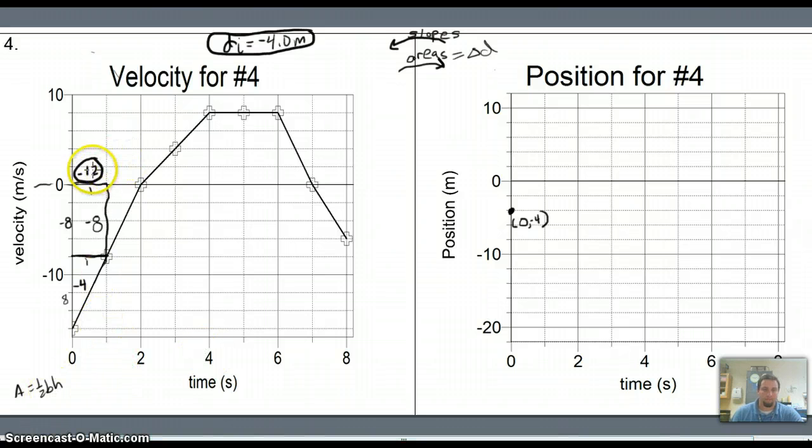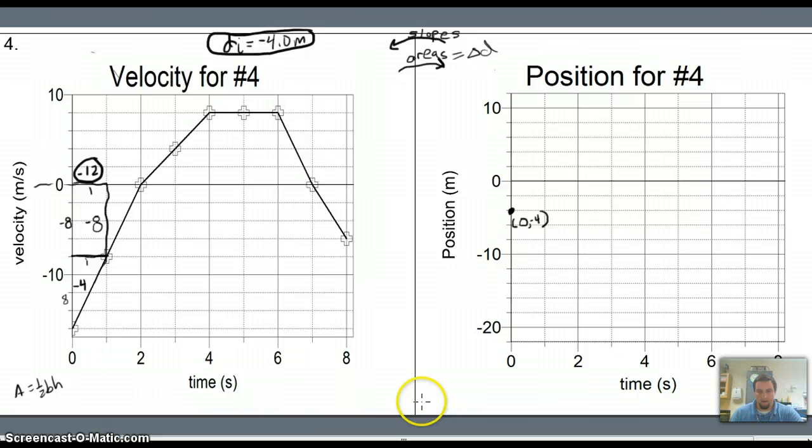So what does this mean? This means from 0 to 1 I displace -12 meters, which means for my current position at -4, I'll subtract 12 from that, which leaves me with -4 minus 12, which is -16.